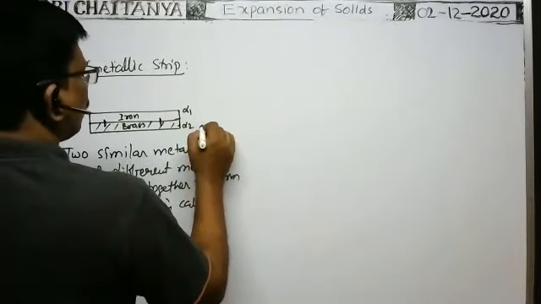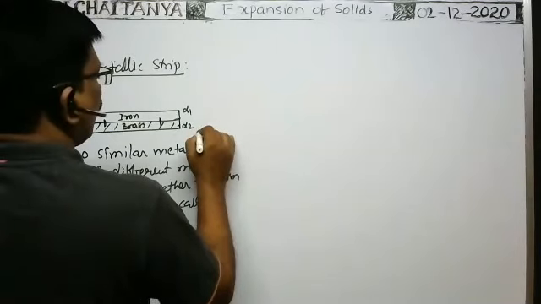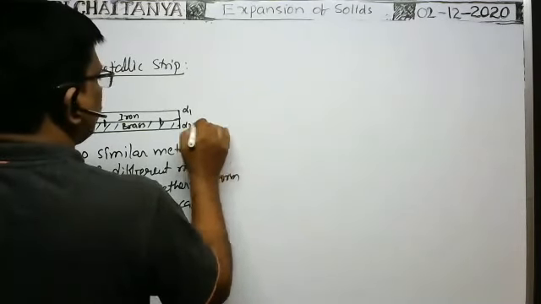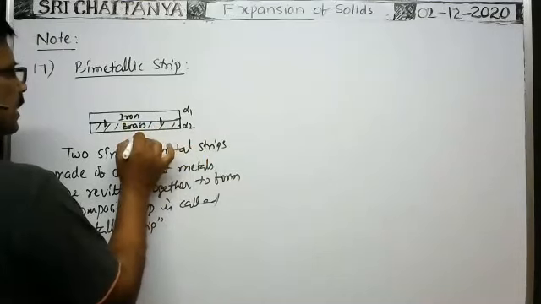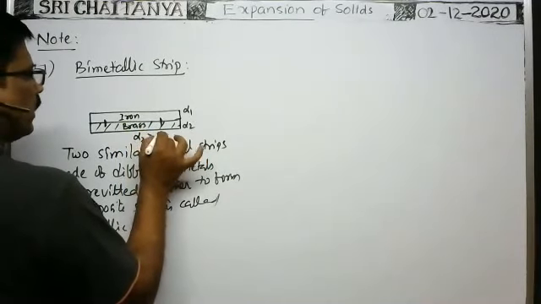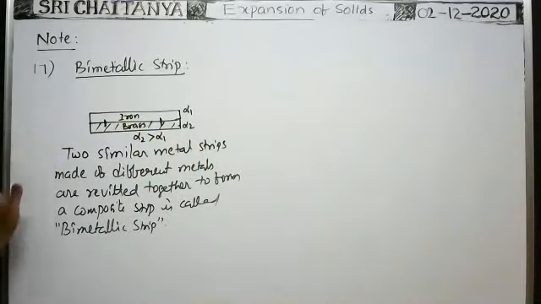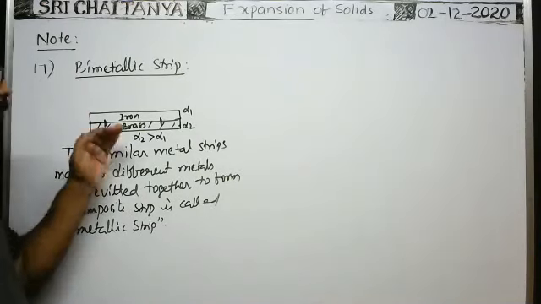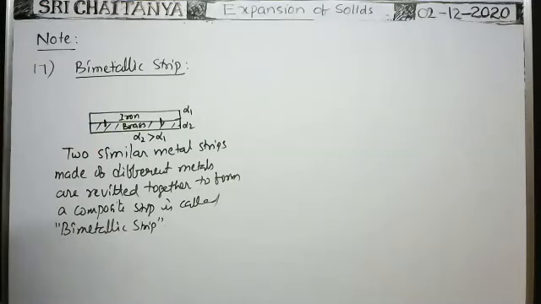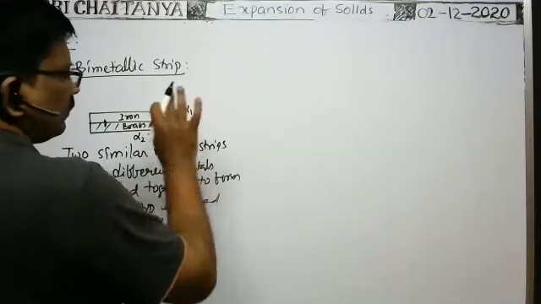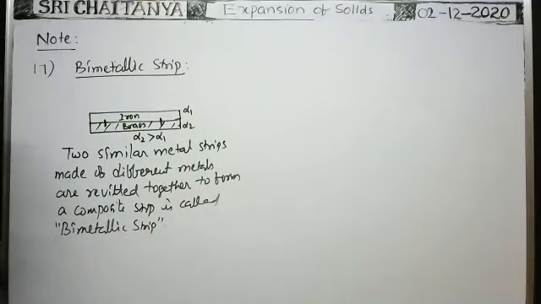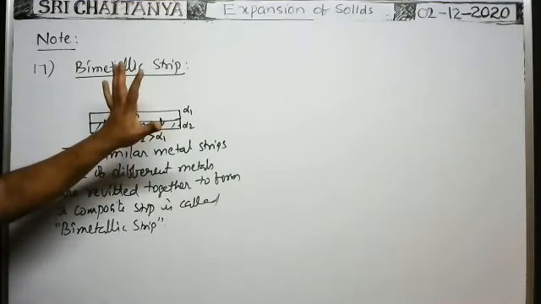Of course, alpha 1 is less than alpha 2, because for brass the coefficient of linear expansion is more. So alpha 2 is greater than alpha 1. In this way, we have constructed one bimetal strip. The temperature at which the bimetal strip is made, at that temperature the bimetal strip is straight.